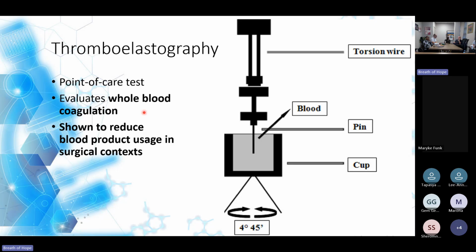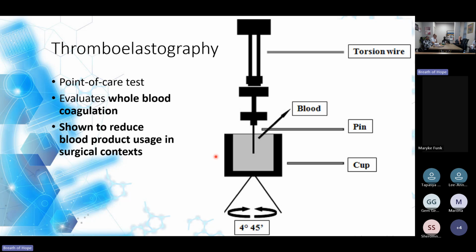It evaluates whole blood coagulation, and the principle of the test is that you have blood in a cup, and there's a pin that rotates through the cup. You add something to cause this blood to coagulate, and as the pin slows down because of the coagulation occurring in this cup, you have a measure of the clot strength.